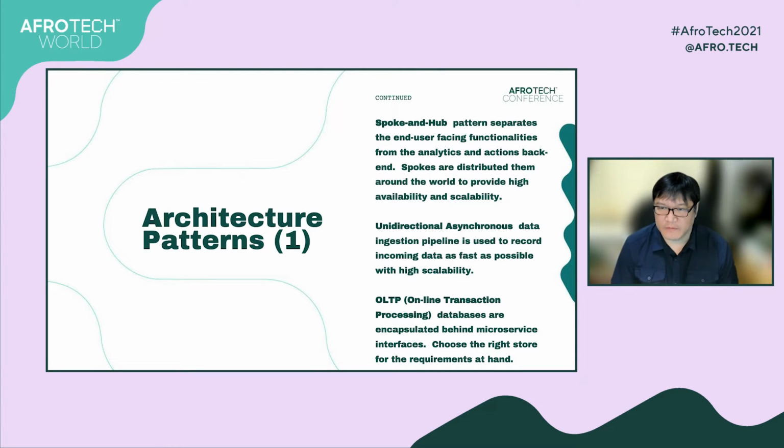So that's one pattern, but there are some components in the platform that you really can't get away without having strong transactional write semantics. So we still have plenty of OLTP or online transaction processing needs within the platform.